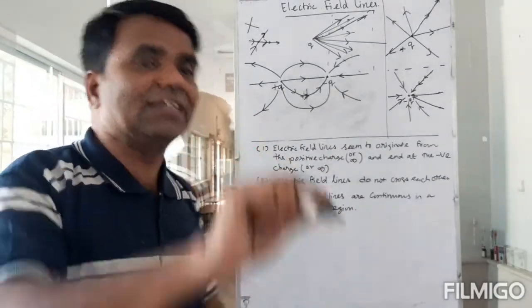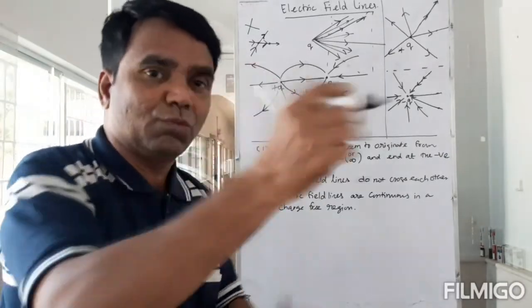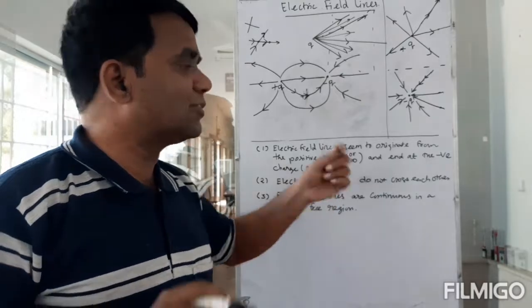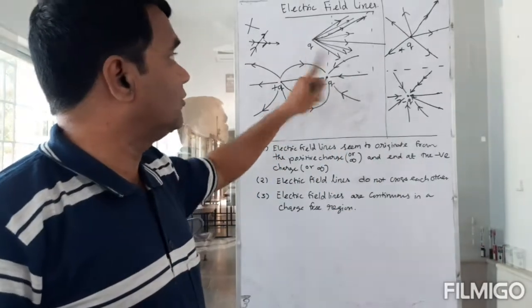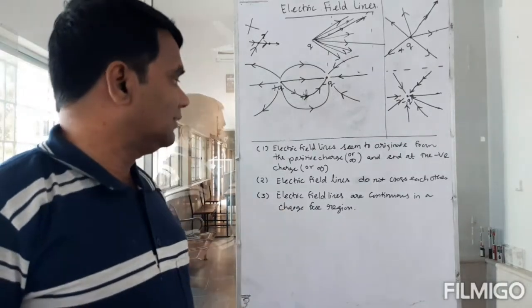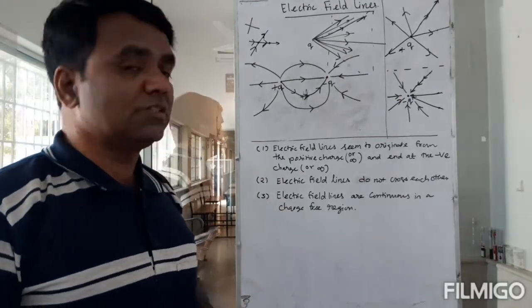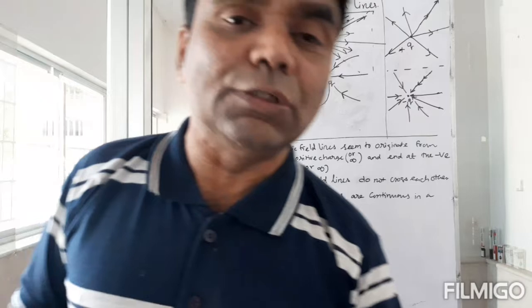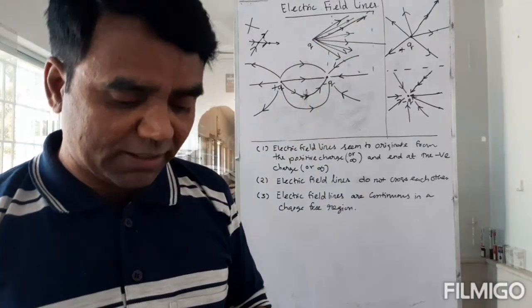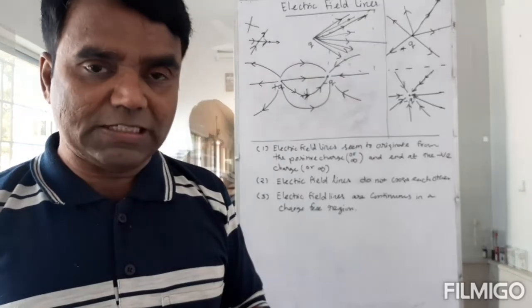You keep something there, it gets pushed or pulled in one direction. So electric field lines do not cross each other. You cannot draw field lines crossing each other. Third, the electric field lines are continuous in a charge-free region. So these are the most important points to consider.